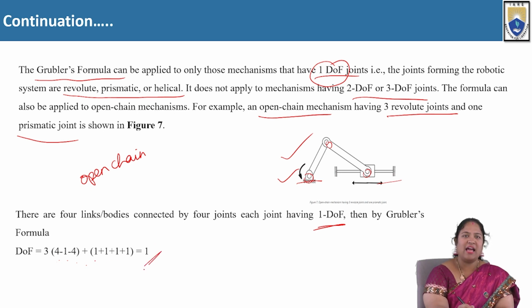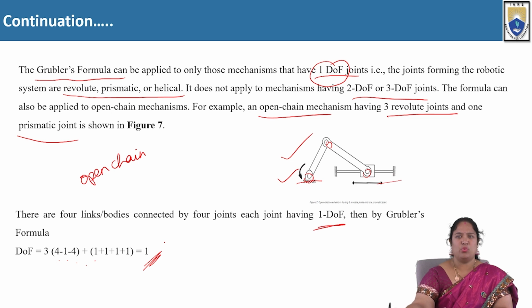When we calculate, we get the answer as 1. That is, the degree of freedom for this open chain mechanism is equal to 1. Clear? Understood?